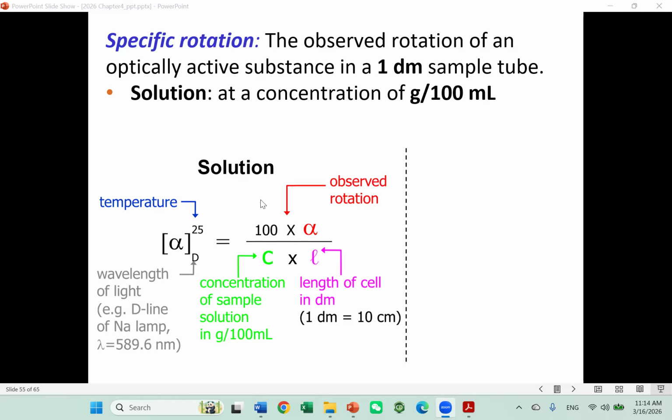Right, and that depends on whether it is a liquid. If it's a solution, it has one formula; if it's a pure liquid, it will have another equation. Just keep in mind that normally the sample size parameter is 1 decimeter, 10 centimeters, which we use for the length.